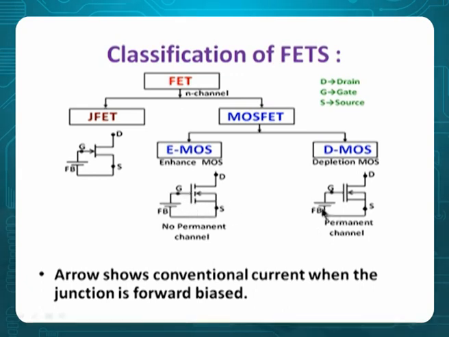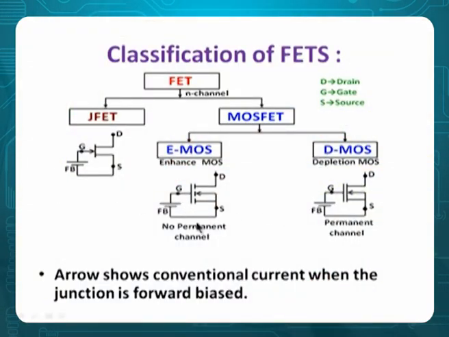Permanent channel here. In this N channel, N is given to negative, forward, current goes this way. So these are all the symbols for N-channel JFET as well as MOSFET. Only for the convention, only for telling the arrow, I have forward biased.